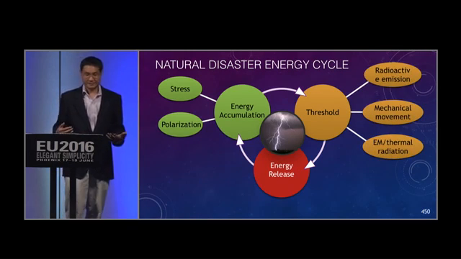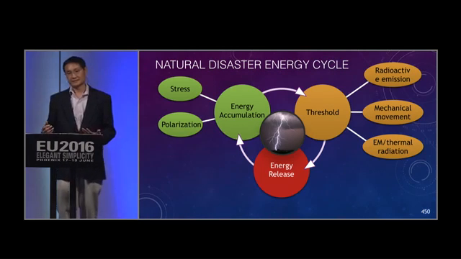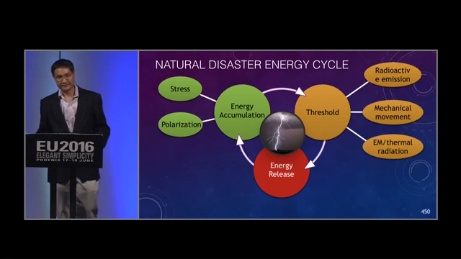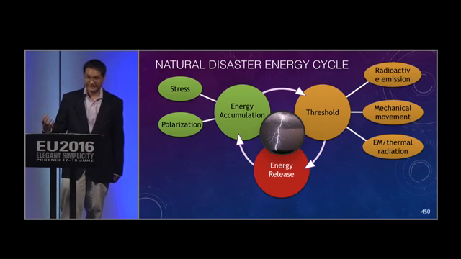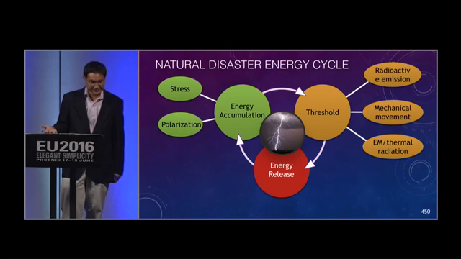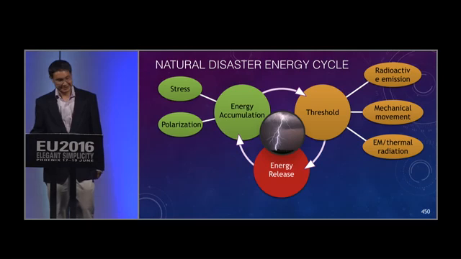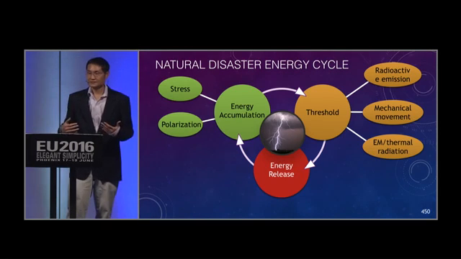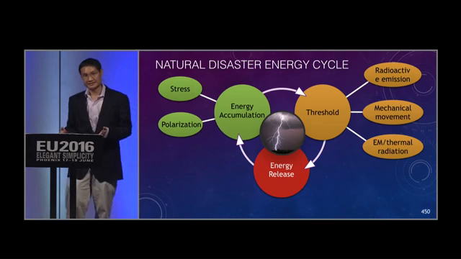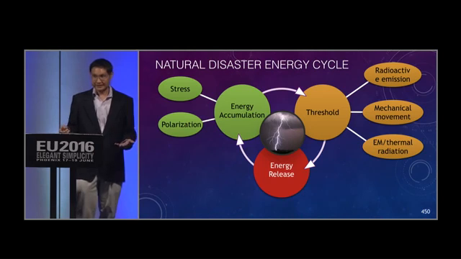And there are signs such as radioactive emission, such as radon gas emission near the earthquake preparation zone. There's mechanical movement. We can actually see clouds that look like cloud ripples, so people call that earthquake cloud. And of course, there are other types like thermal or electromagnetic radiations. So these are warning signs of natural disaster, and we can understand this through understanding of electricity.